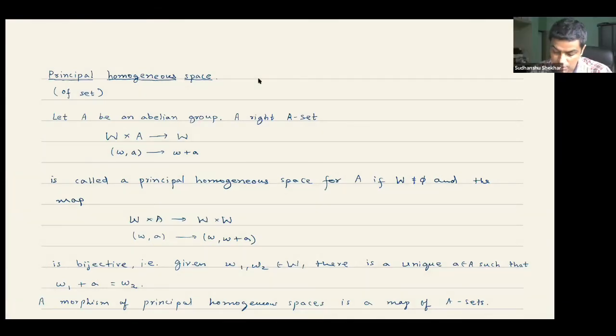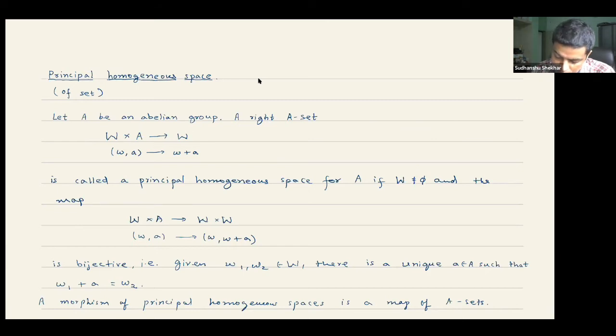So here, when I say W is an A set, it basically means that A acts on W. This condition that this map is a bijection can also be restated by saying that A acts on W freely and transitively.